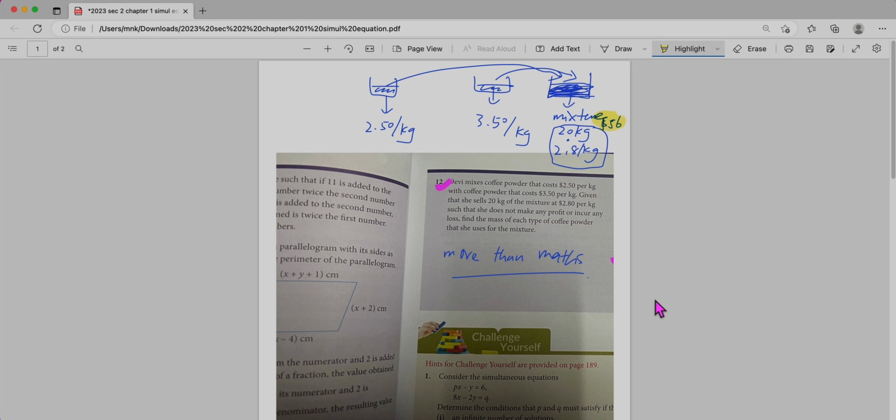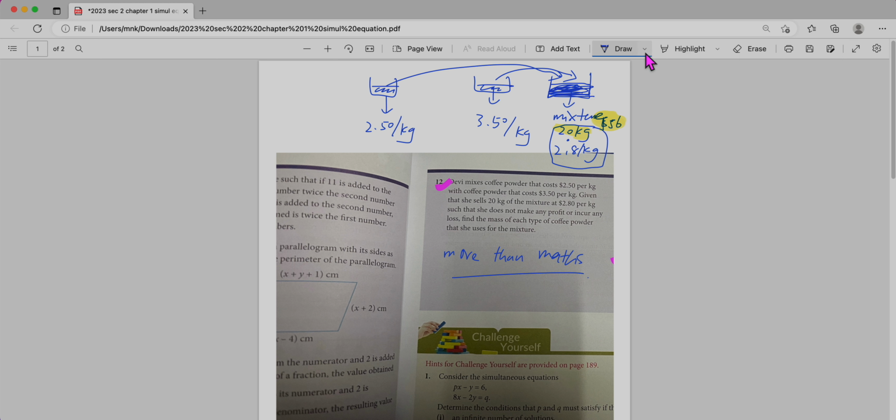The other one is that this mixture is 20 kg. It means both of the powders add up to 20 kg and $56. So basically you're supposed to have two equations.